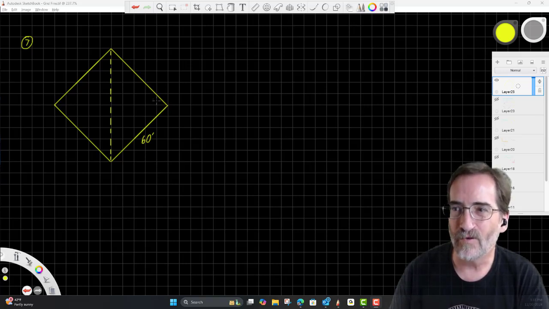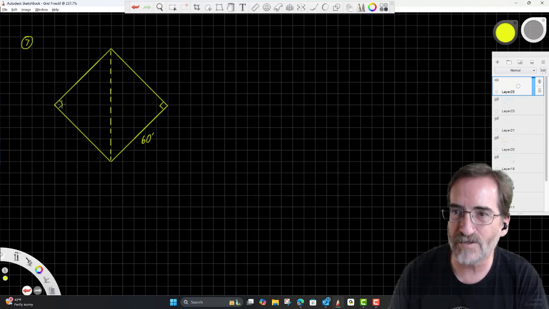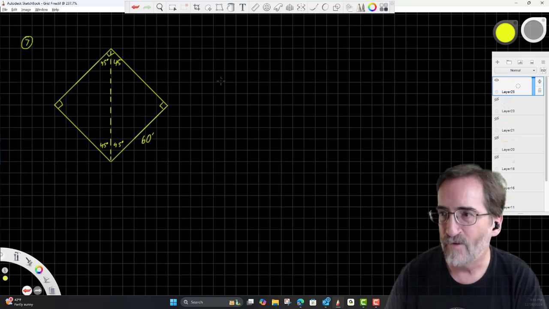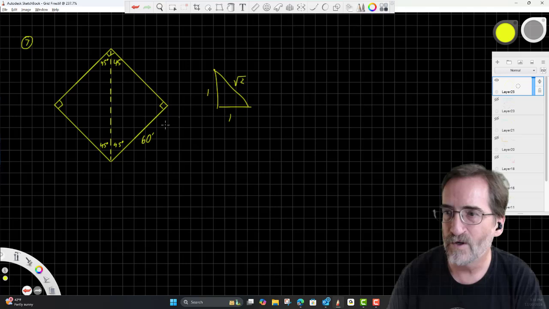You may recall that the angles are all square corners, and so this actually is a square, and this is the diagonal of a square, which is split in two, which is 45 degrees and 45 degrees. So this is a 45, 45, 90 triangle. And you may recall that in the 45, 45, 90 triangle, the sides are 1, 1, and root 2.